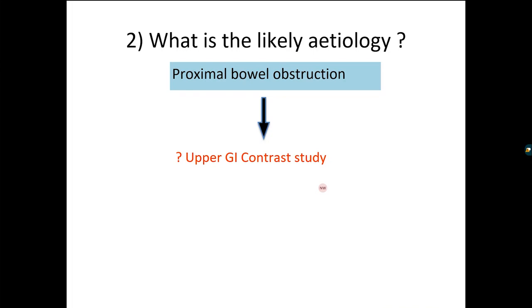But sometimes you might not know what's going on. You might only know that there is a proximal intestinal obstruction. Therefore, you might want to clarify the etiology by doing an upper GI contrast study.